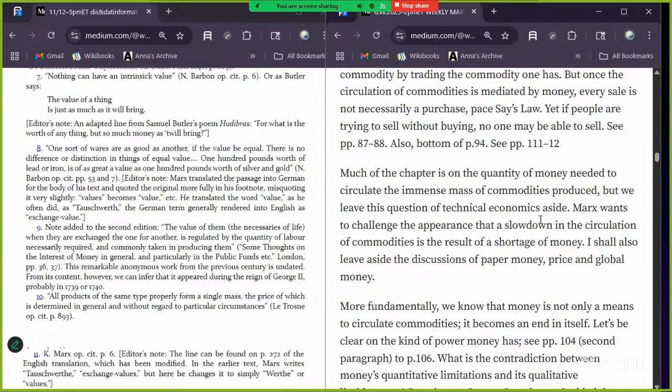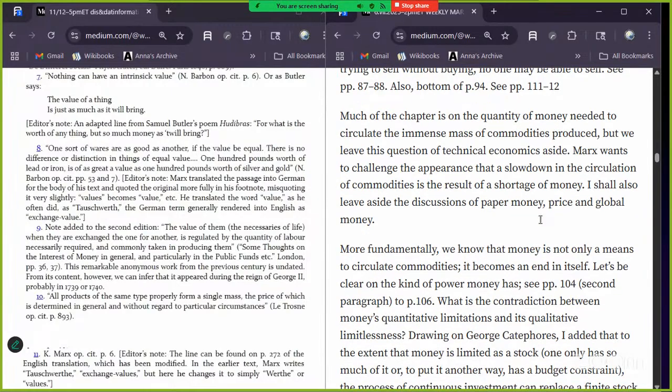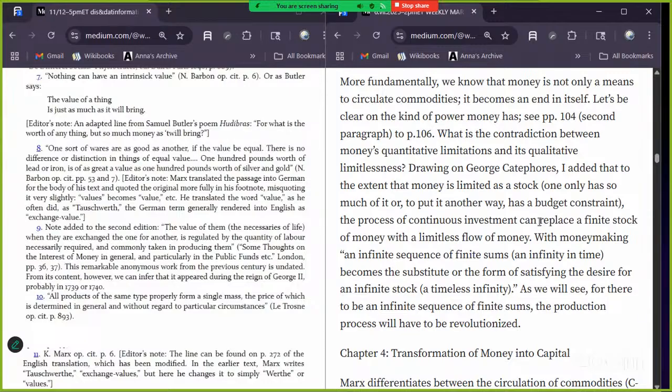More fundamentally, we know that money is not only a means to circulate commodities, it becomes an end in itself. Let's be clear on the kind of power that money has. See page 104, the second paragraph, to page 106.